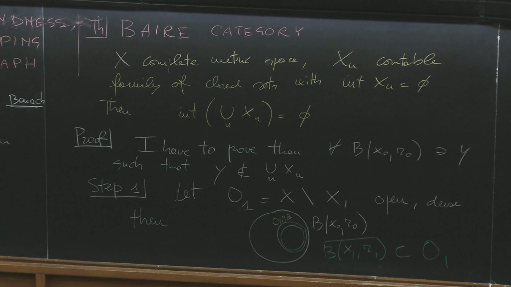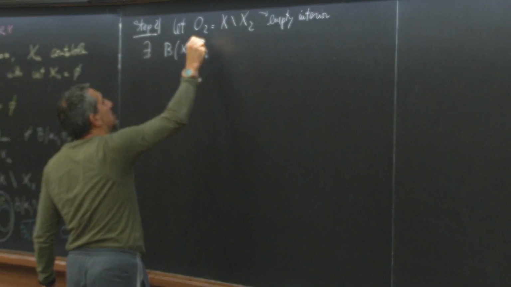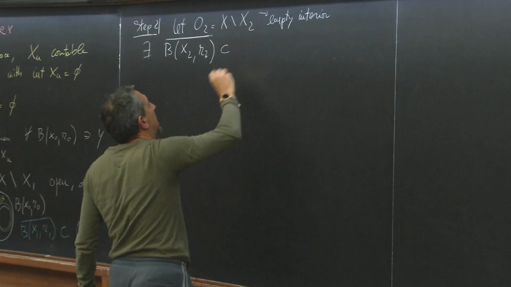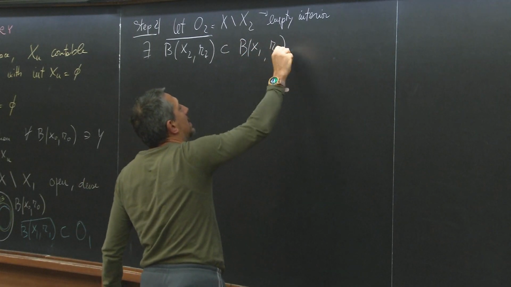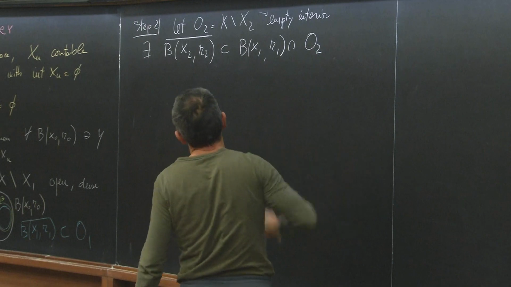With the same reasoning there exists, let's say, B(x2, R2), which is contained in B(x1, R1) intersection O2.